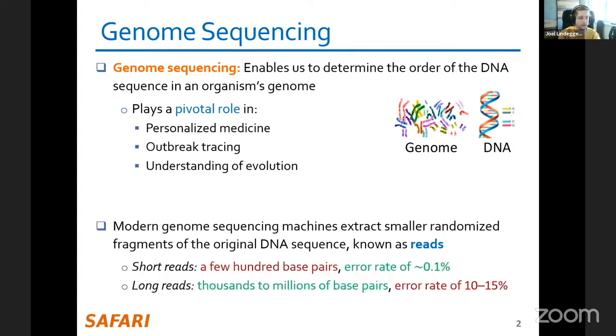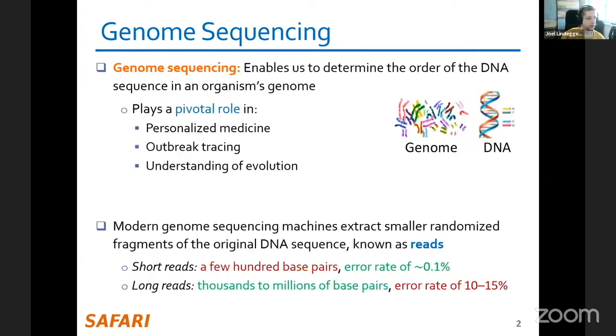And the key pointer is that these reads have very different properties depending on the sequencing technology used. So this can be short reads, which are a few hundred base pairs, or long reads, which can go from thousands to millions of base pairs. That's also relevant to the alignment algorithms, which Scrooge and GenASM are: the error rate in these reads also varies a lot.